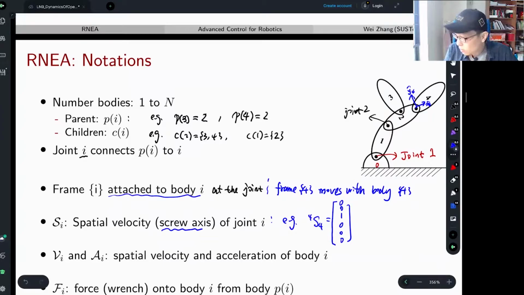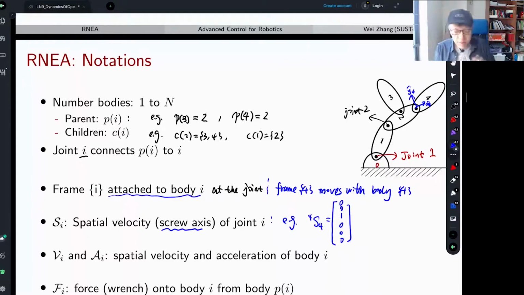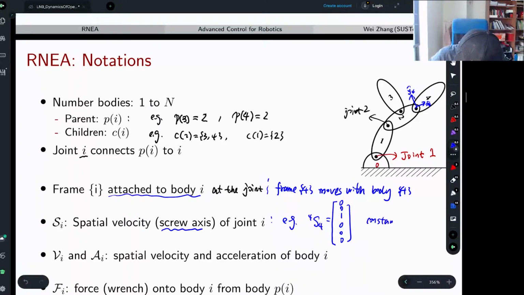Does this change with body positions or velocities? No. It's a local coordinate. No matter where body 4 is in space, you always have the same coordinates for screw axis 4. This is a constant in local coordinates.